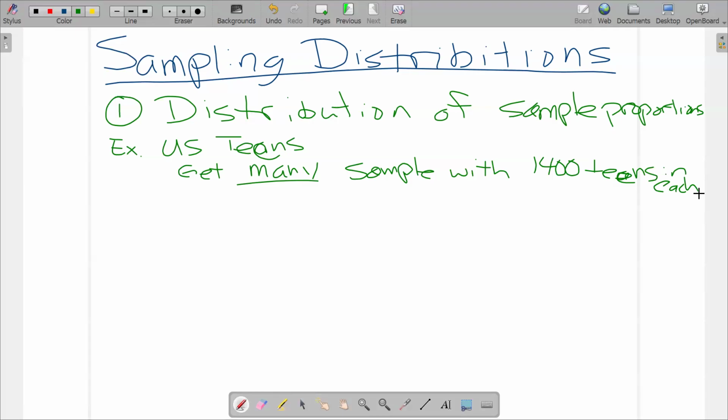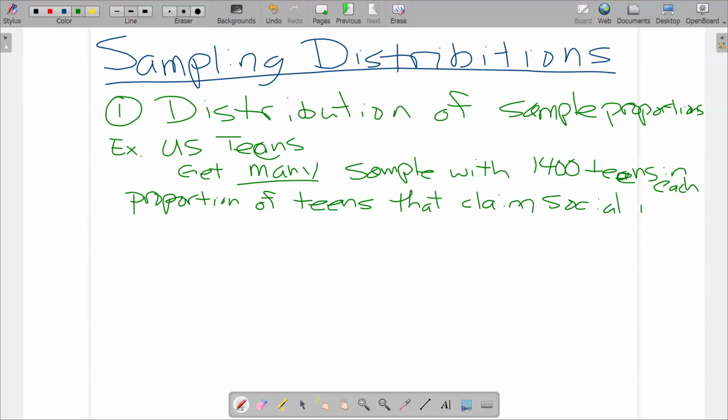And all I calculate from that list is the proportion, write that down, proportion of teens that claim social media is harmful to people their age.